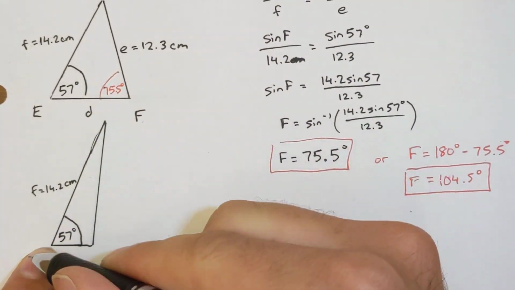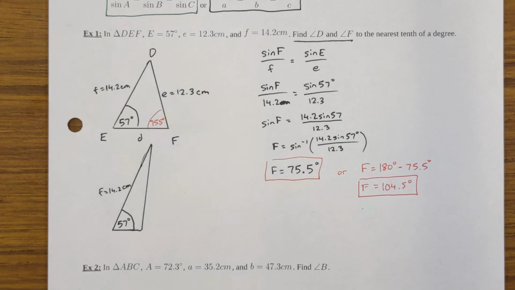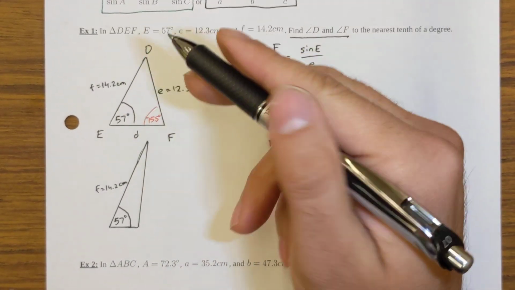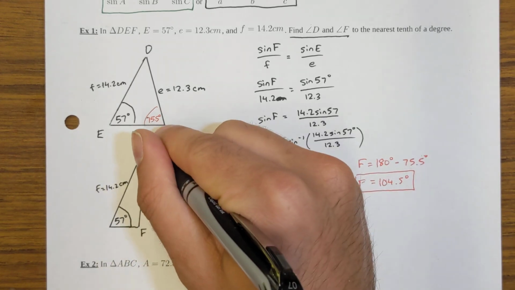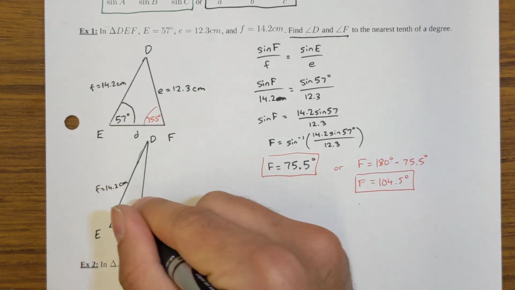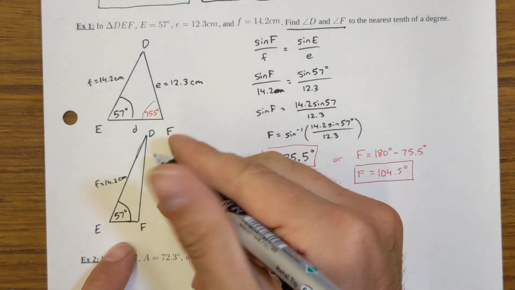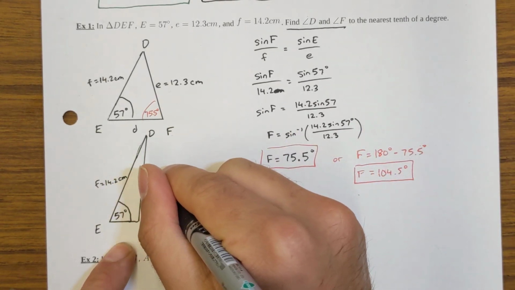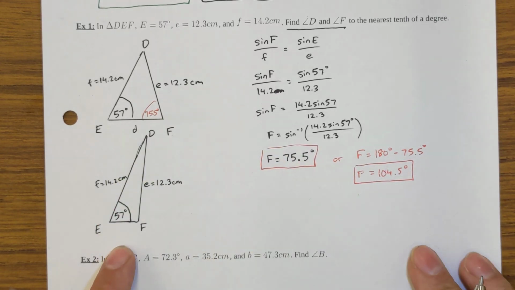This also has the same side F, 14.2 centimeters. Oops, I need to zoom out a little bit. So angle D still has a 57 degree angle, but now that's 12.3 centimeters, so that's slightly shorter than that 14.2.